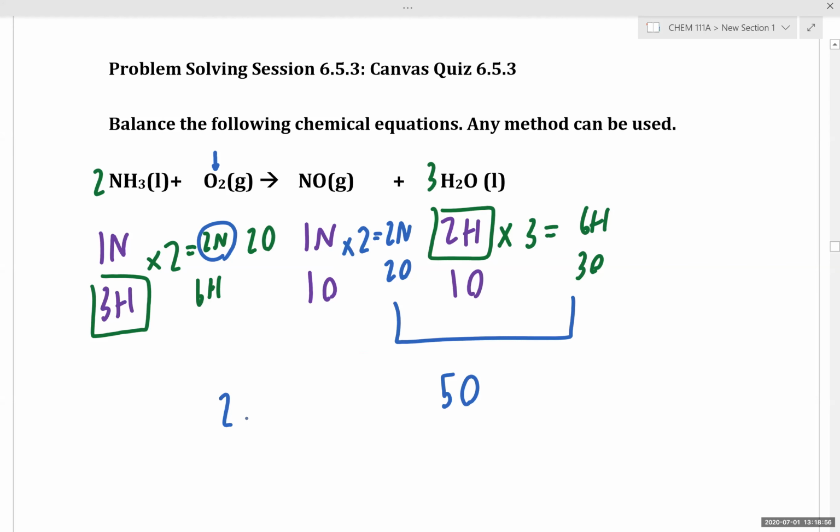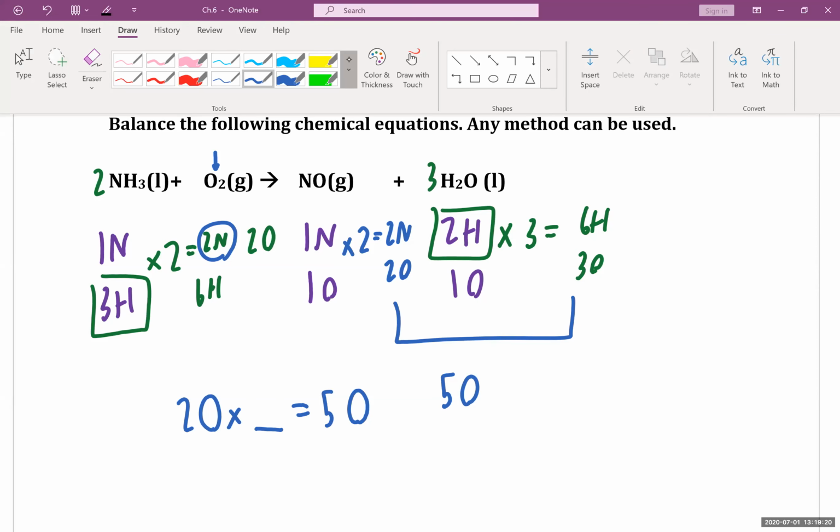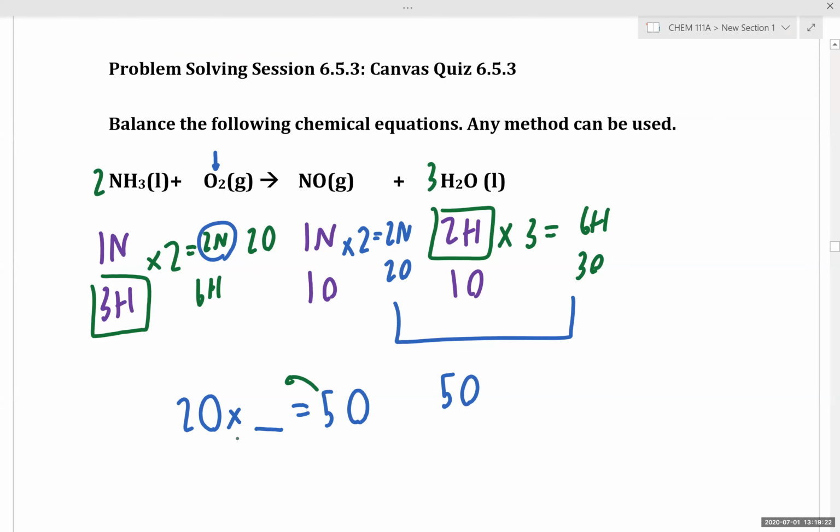Now this is important because if we have 2 oxygens on the left, 2 oxygens times what coefficient would give us the needed 5 oxygens? What fraction or coefficient would we need to guess? Well, the trick is we put what we want on top, what we have on the bottom, and that gives us 5/2.